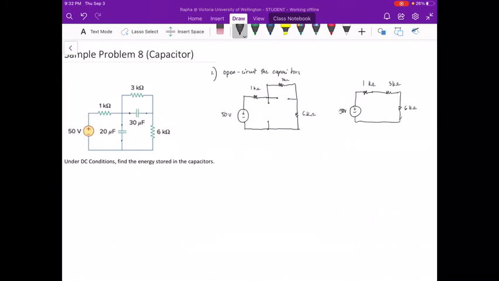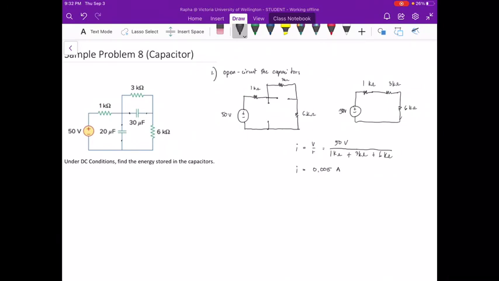So we can solve now for the current. I is equal to V over R, which is 50 volts over 1 kilo ohm plus 3 kilo ohm plus 6 kilo ohm, for a total of 10 kilo ohm or 10,000 ohms. The current then is equal to 0.005 amperes.